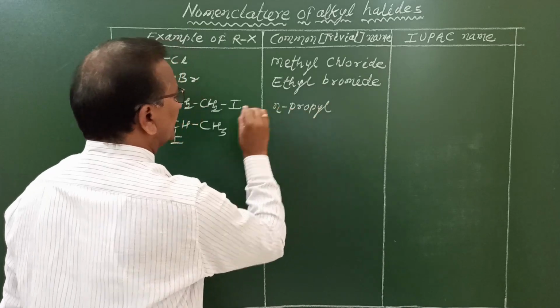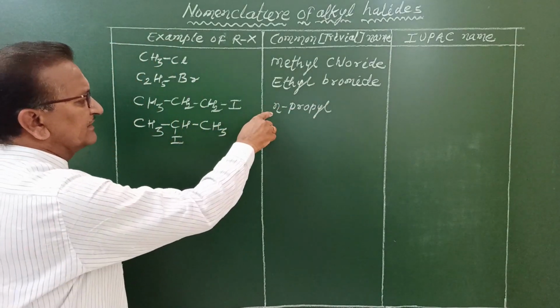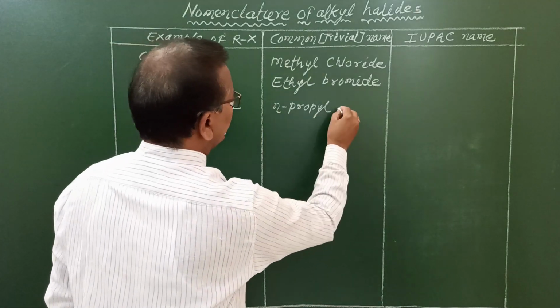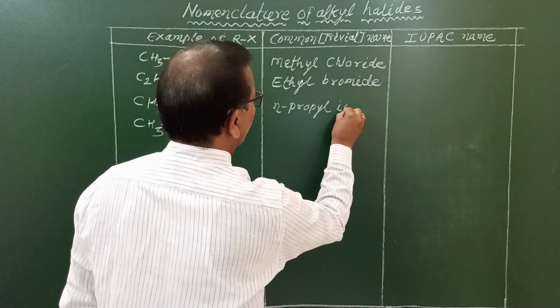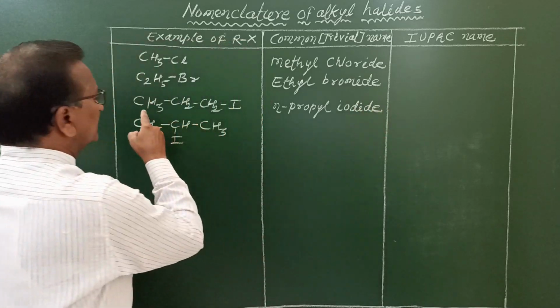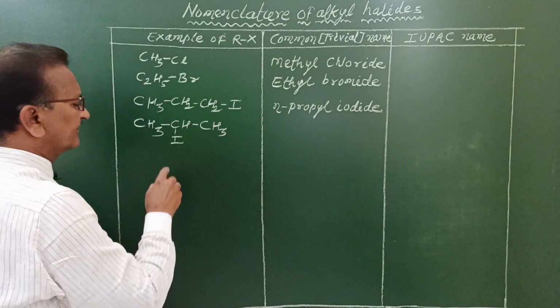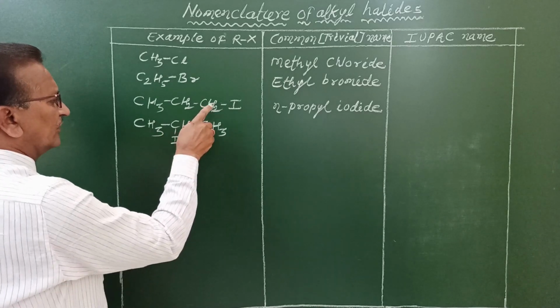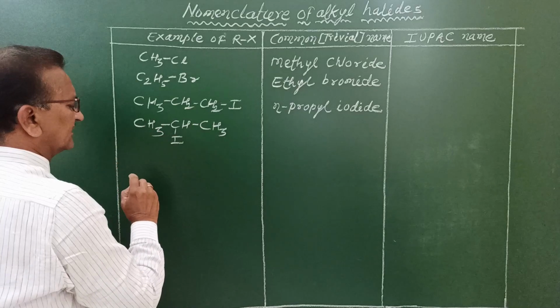But before this propyl we have to write the prefix n, followed by the name of the halogen atom. The halogen atom is iodine, therefore we will write iodide. So n-propyl iodide.